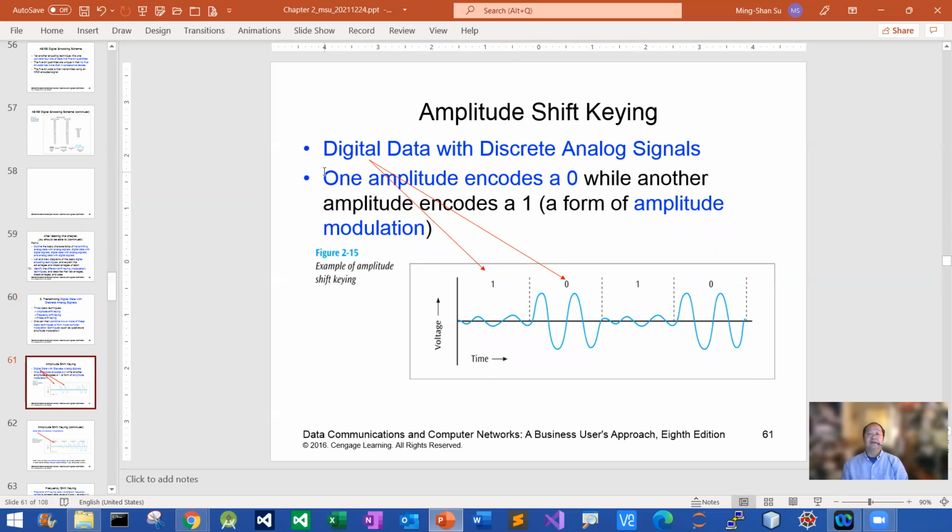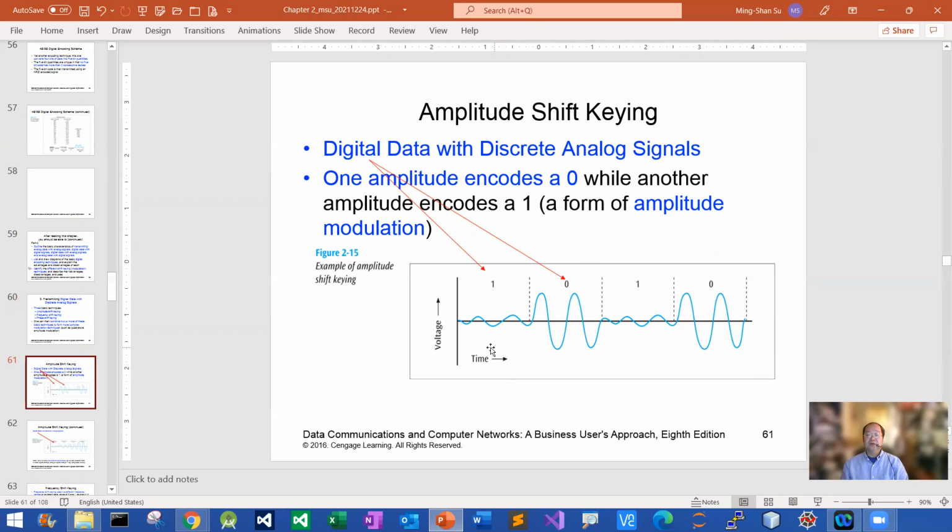Again, to transmit digital data with discrete analog signals, we are going to look into amplitude shift keying. Before we give you the explanation, the word discrete here means that it has a finite set of values.